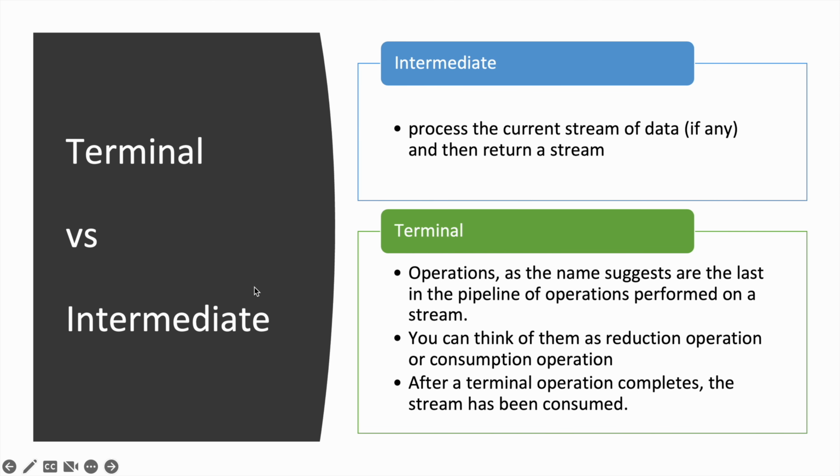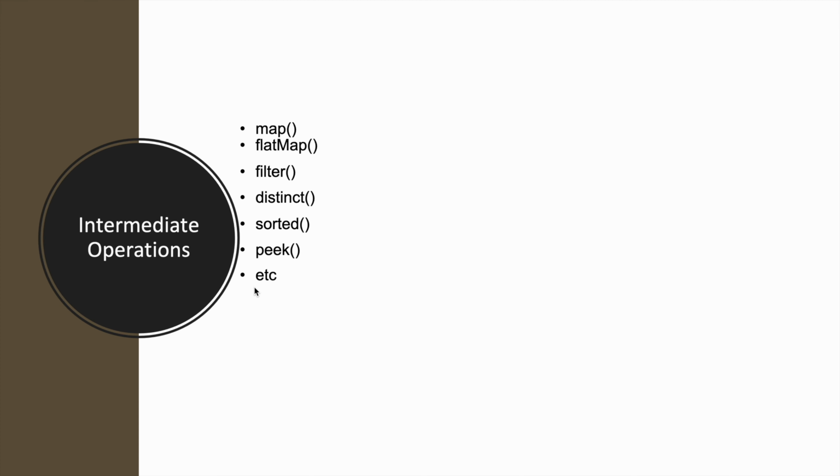So now, guys, we have seen the differences between intermediate and terminal operations. Let's look at the examples. Intermediate operations: we have map, flatMap, filter, distinct, sorted, peek, and many more.